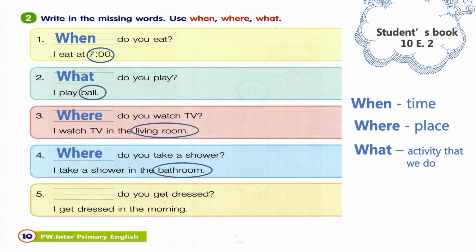Next, number 5, last. Blank, do you get dressed? I get dressed in the morning. So what's your answer? The answer is when. Why is it when? It's because of the morning. Okay, students, who got perfect? Very good.